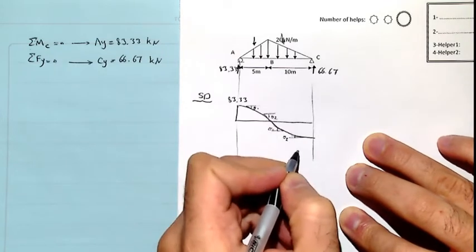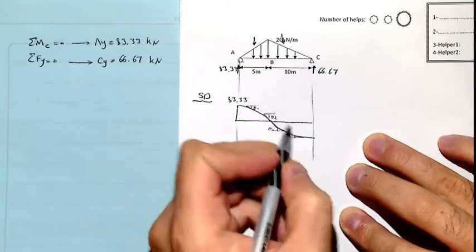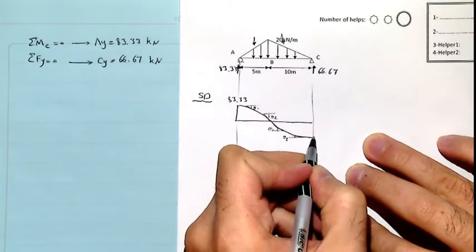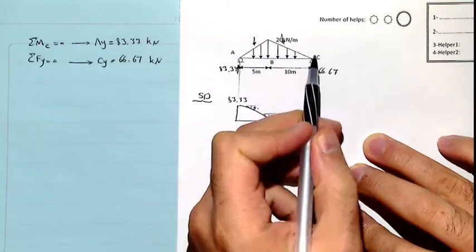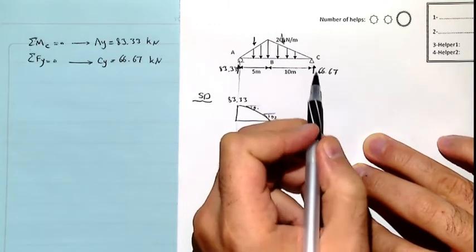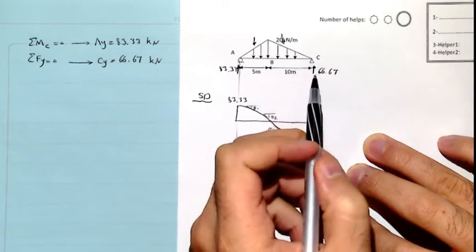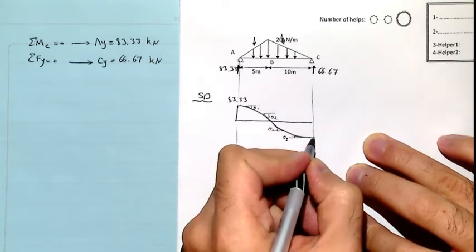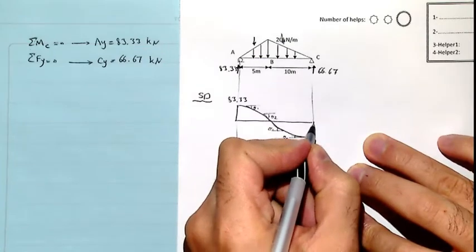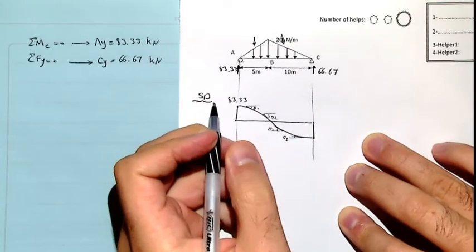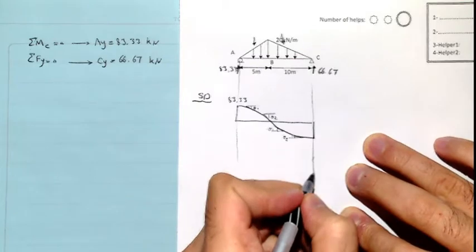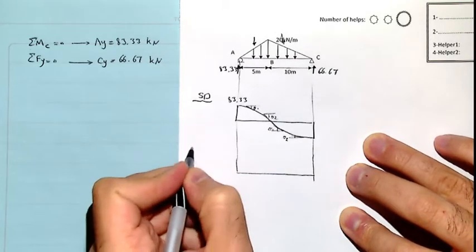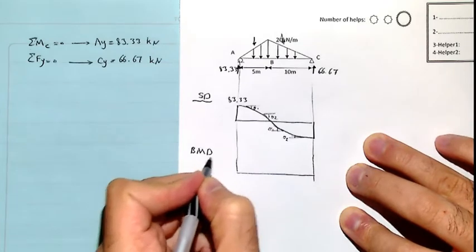Theta 2 is much less than theta 1. It's decreasing. From here, it's going upward, a positive 66.67, and we have to connect it to here. That's the shear diagram.